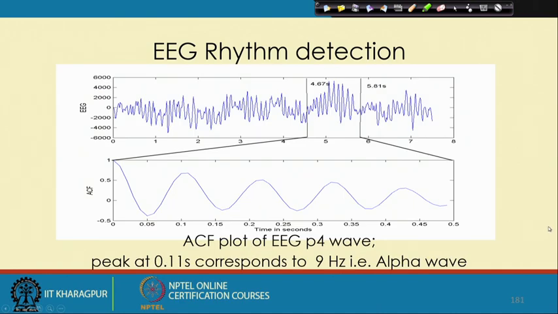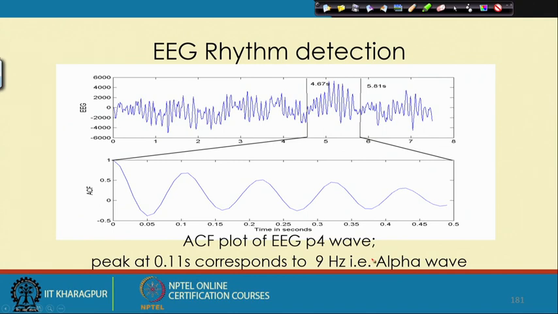Now we go back to the signal P4 that we took earlier, and the way we defined that problem, this part of the signal, 4.67 second to 5.81 second, is marked as alpha signal by an expert.